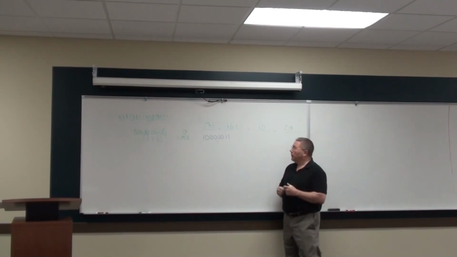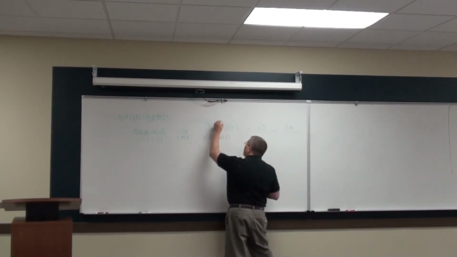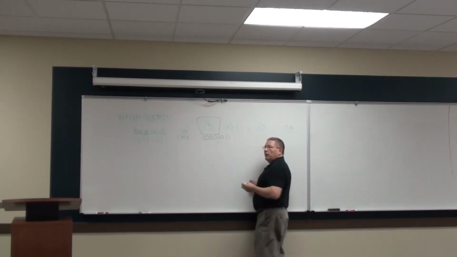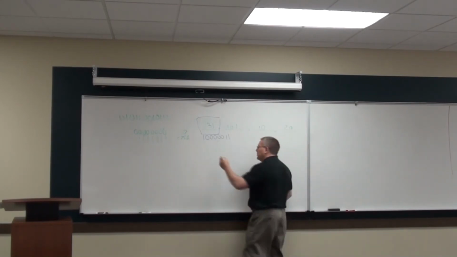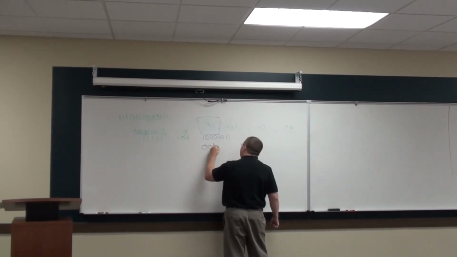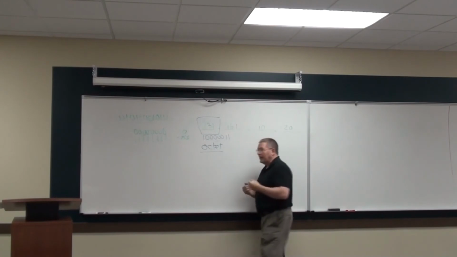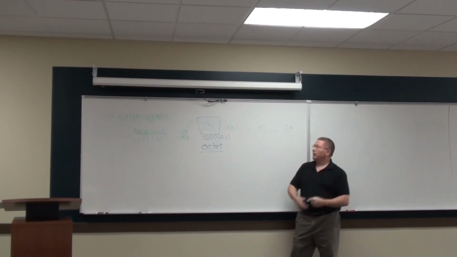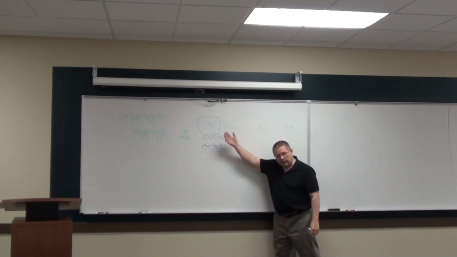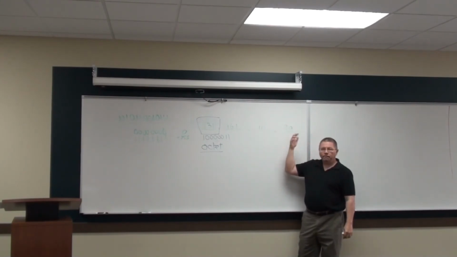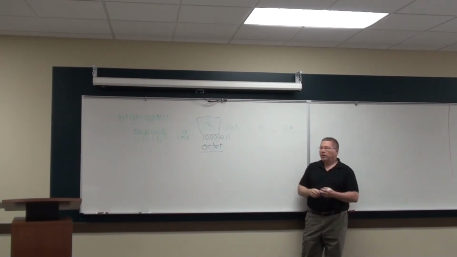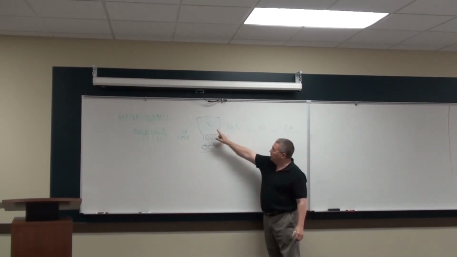Now, if we start looking at binary numbers, and we're really only going to look at this segment, and when you think of a segment in an IP address, a nice way to refer to it is an octet, because it represents 8 bits. So I'm going to talk about the first octet, the second octet, third, and fourth octet. Each one of them is 8 bits. So let's take this one octet here, the first one.